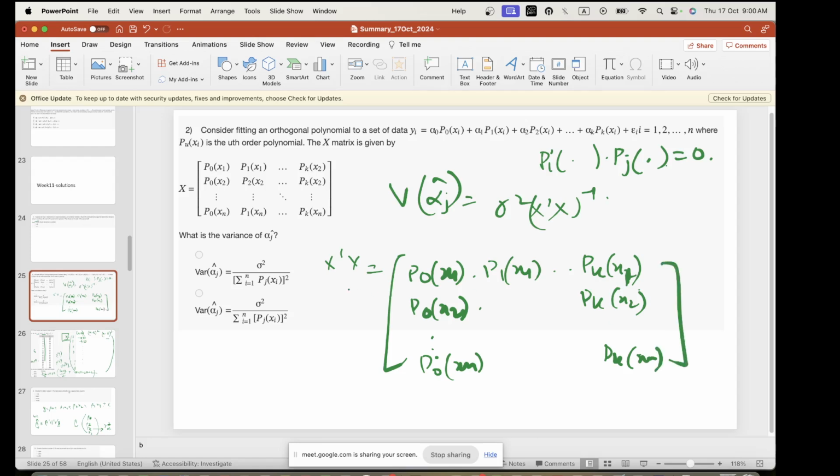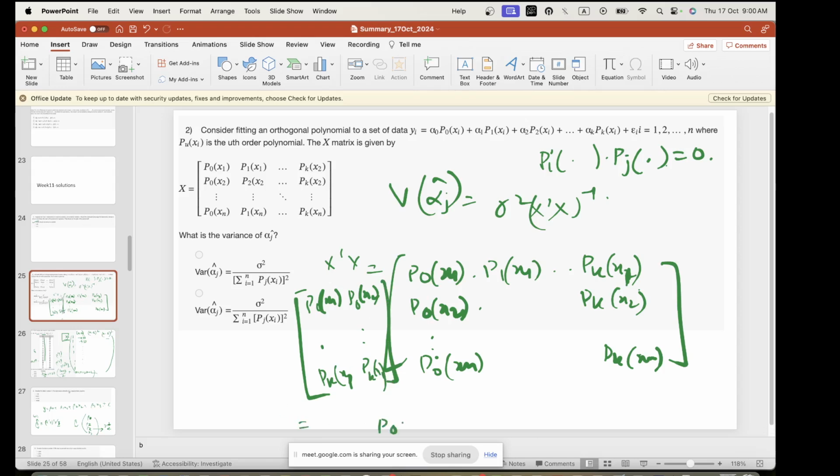This is X, so X prime will be the reverse, so this would be p naught x1 to pk x1, p naught x2 to pk x2 and so on. So this is X transpose X. So this into this will be how much?